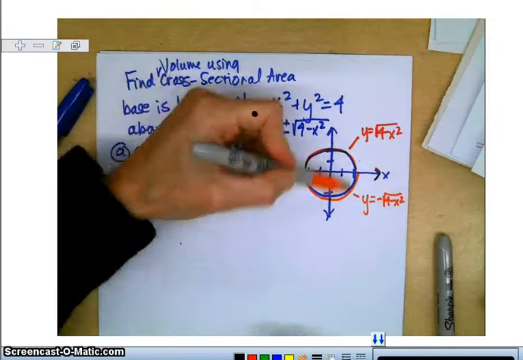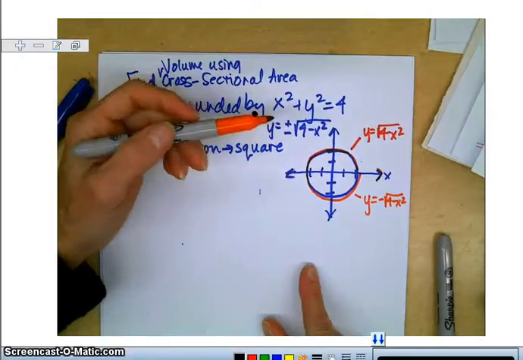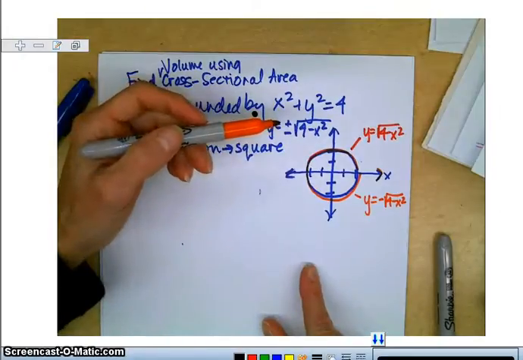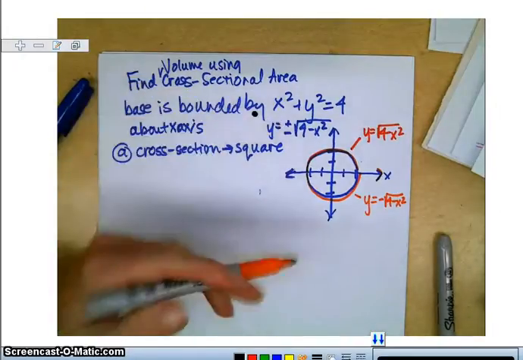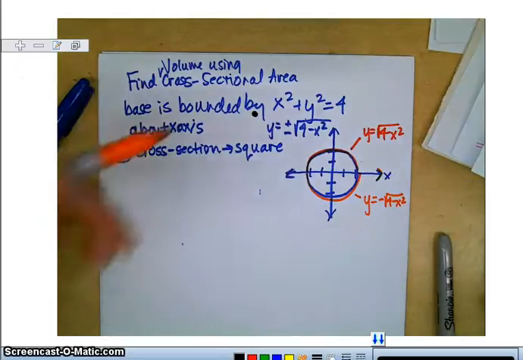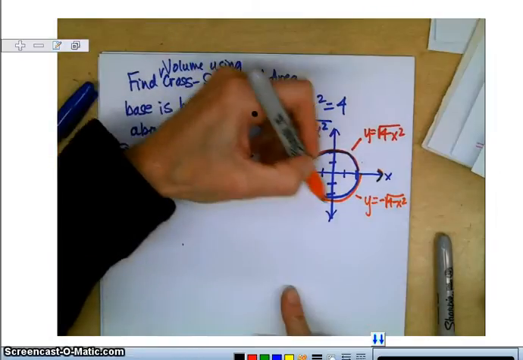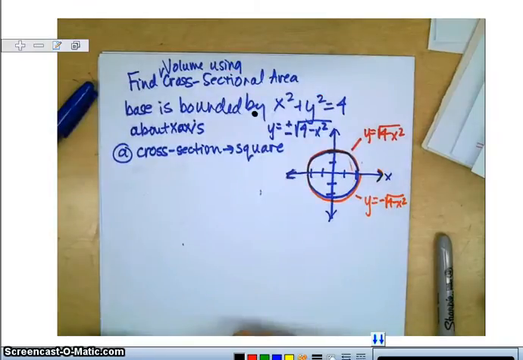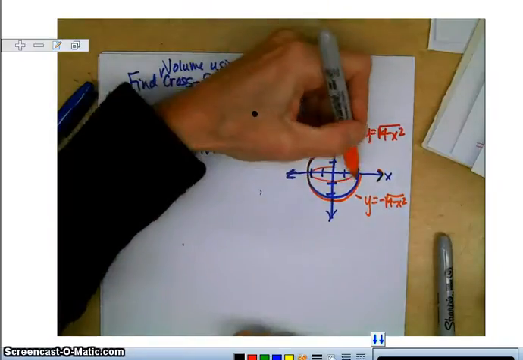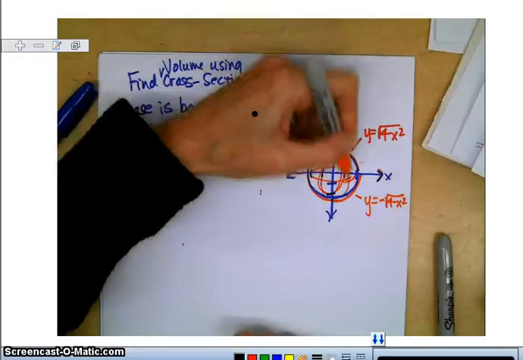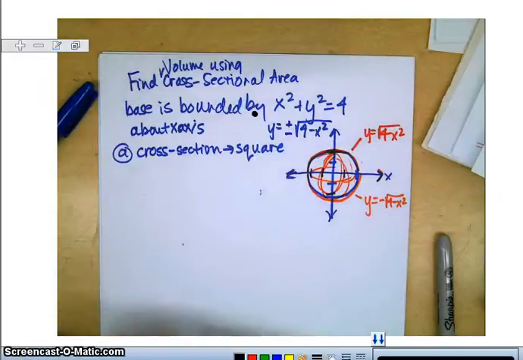We're revolving this. Do you really need to revolve both functions to get a solid? No, you don't. I'm just trying to get you to visualize this shape. If I revolve this around the x-axis, what shape do I get? A sphere. If I'm revolving this around the x-axis, I end up with a sphere.